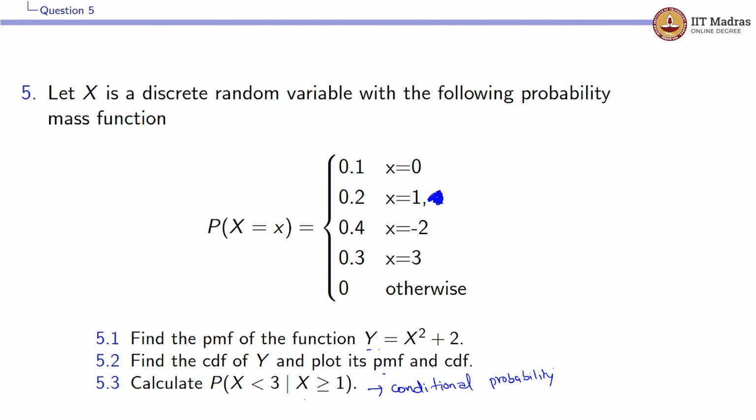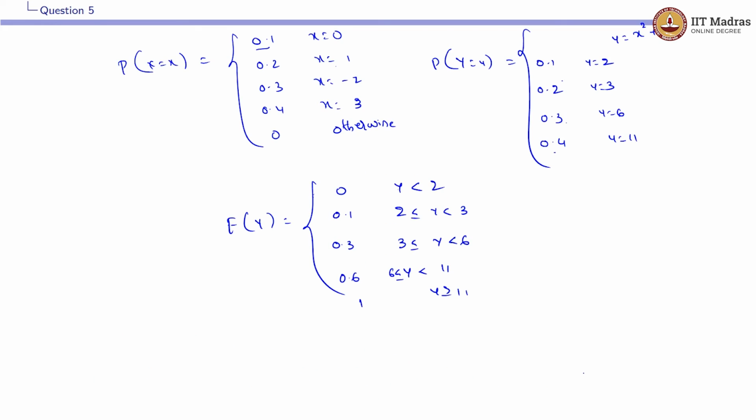Plot the PMF and CDF. If you plot it, the PMF would be something like this. I'm writing the values of y there. Y equals 2, and this is 3, this is 6, this is 11. This is not exactly to scale.